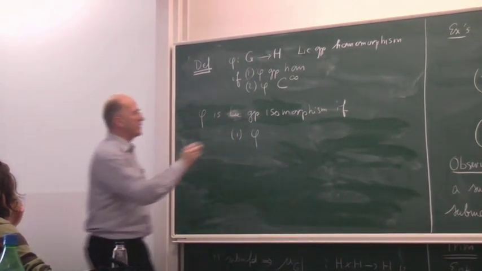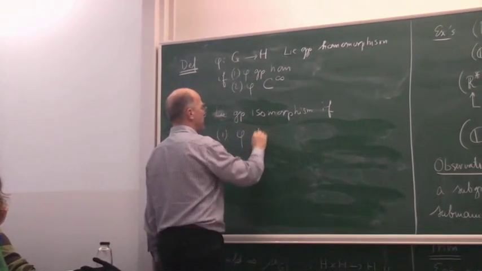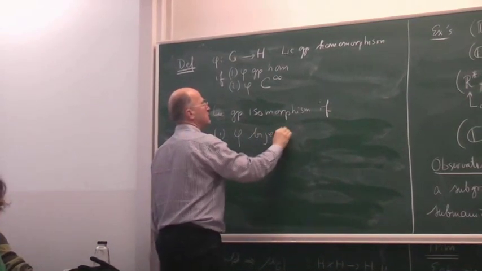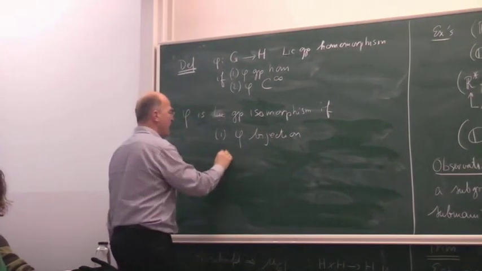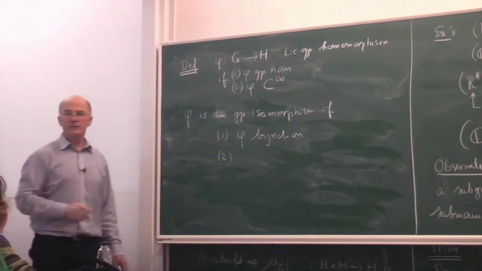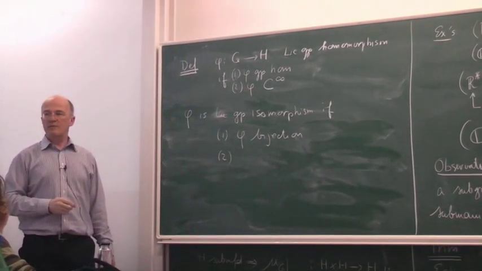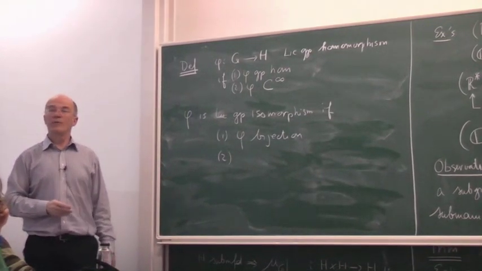So let's require just that phi is a bijection. And then, of course, the inverse should be a group homomorphism, and it should be smooth at the same time. In other words, it should be a Lie group homomorphism.